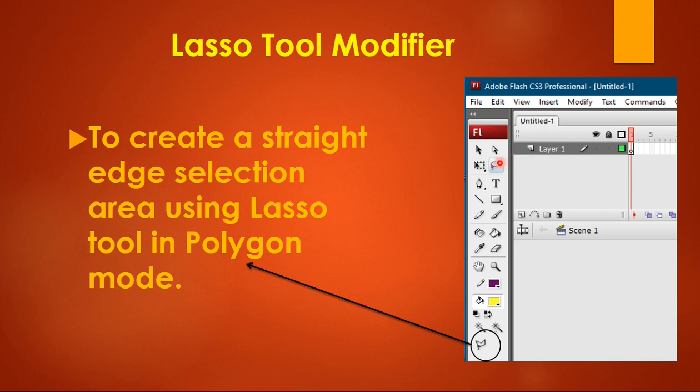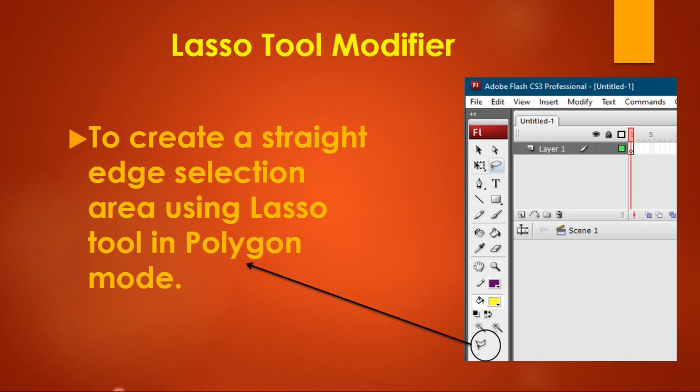For this we first select the lasso tool, then click on the polygon mode modifier, click on the stage to set the starting point, then set our pointer where we want to select. Click at the point where you want the first line to end, and the selection will be done line by line. Continue setting endpoints for other line segments and double click to close the selection area, right?